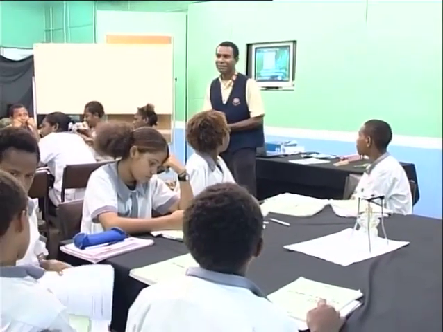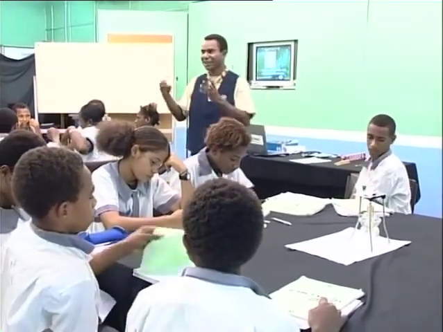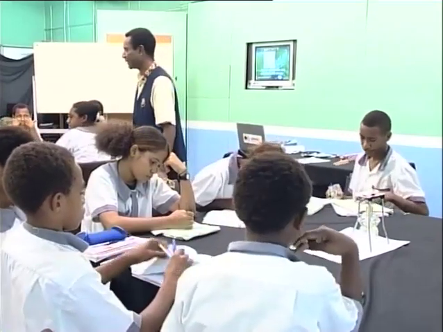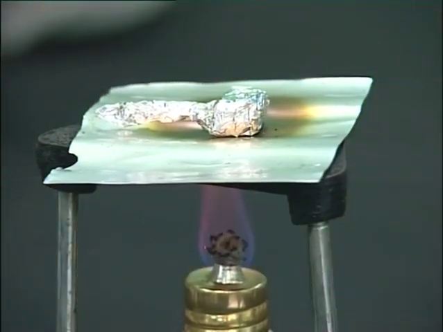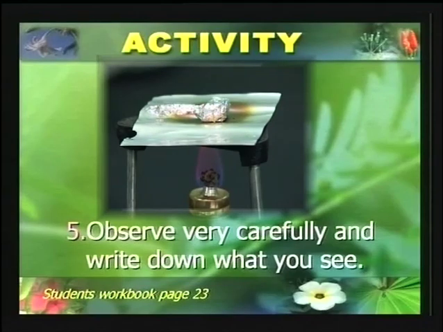Yes, it's smelling, so what does it tell you? What idea does it give you? You should be writing down your instruction number 5 now while the experiment is on: observe very carefully and write down what you see.